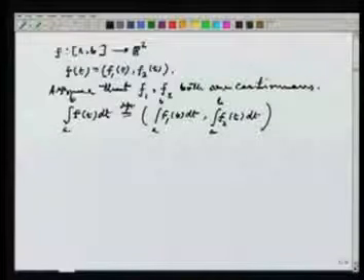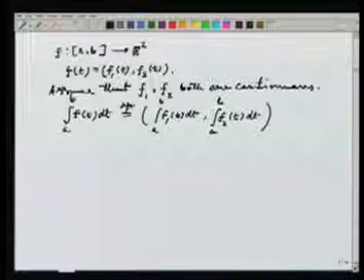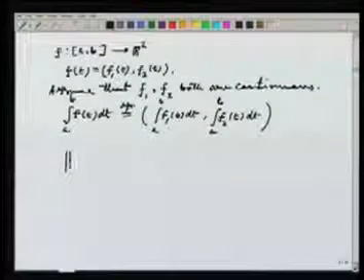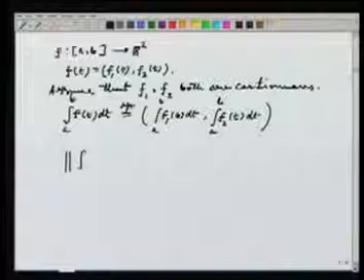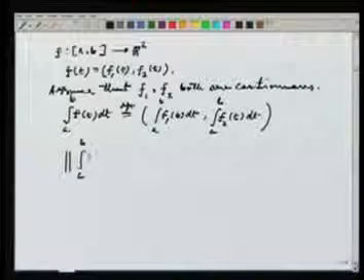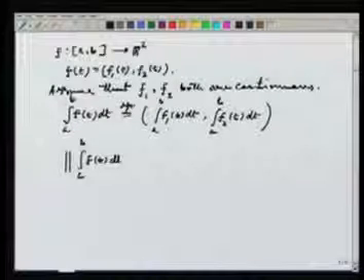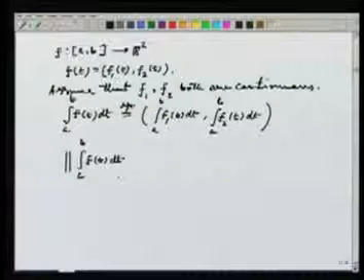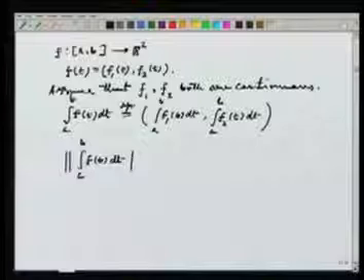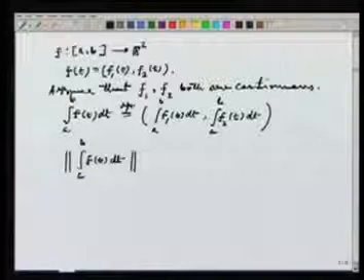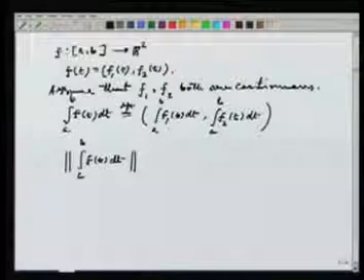Now once I do this, I can talk about an analog of something which we have done already. I look at the norm of this vector, the integral a to b f t dt. Notice that the integral a to b f t dt is a vector by my previous definition of integral. Thus, it has a norm, that is, distance from 0.